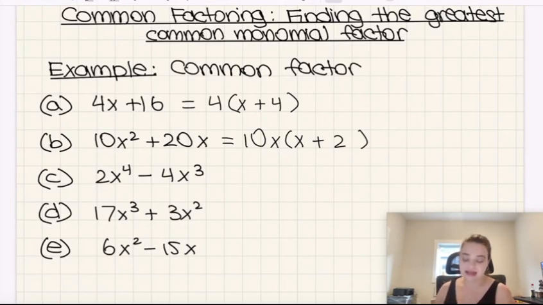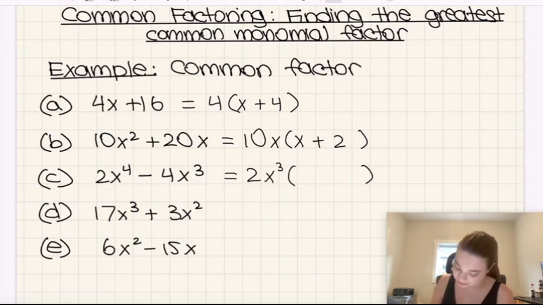Okay, let's do C. For C, we have 2 and 4 as our coefficients. So the greatest common factor between those numbers is 2. And then for variables, we have x to the power 4 and x to the power of 3. So x to the power of 3 is the greatest common factor. And then we have to find out what we're putting inside our brackets. So 2x cubed times what will give us 2x to the power 4?